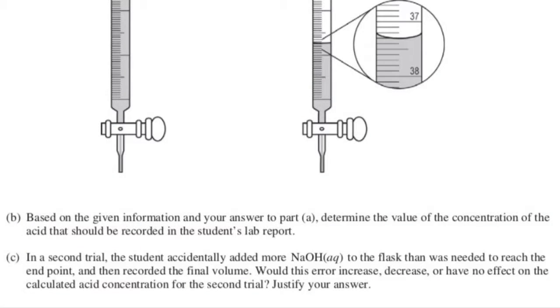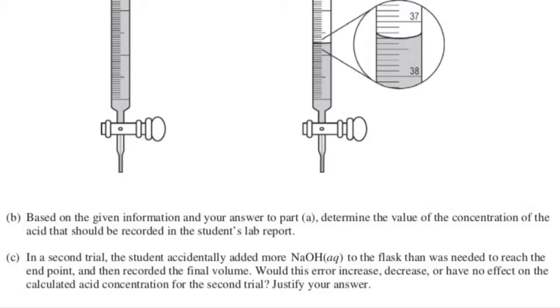Now, as we move on, we'll be going on to part B. Part B states, based on the given information and your answer to part A, determine the value of the concentration of acid that should be recorded in the student's lab report.